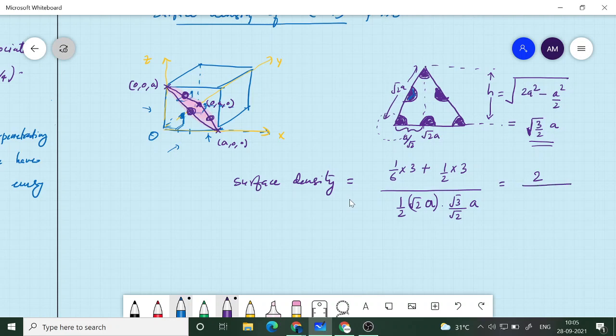So 2 by, then here I can cancel this root 2, and then there is a square and there is root 3 by 2 a square, which may be written as 4 by root 3 a square.